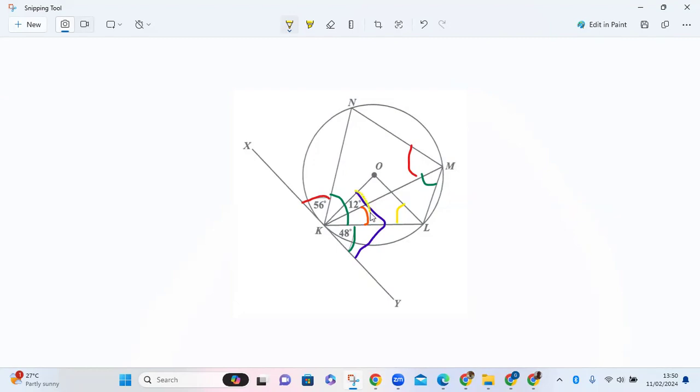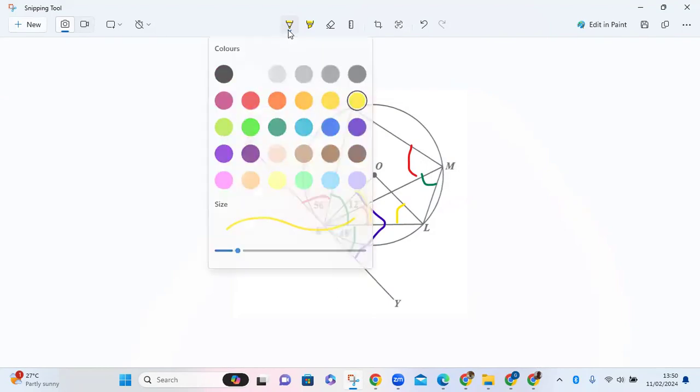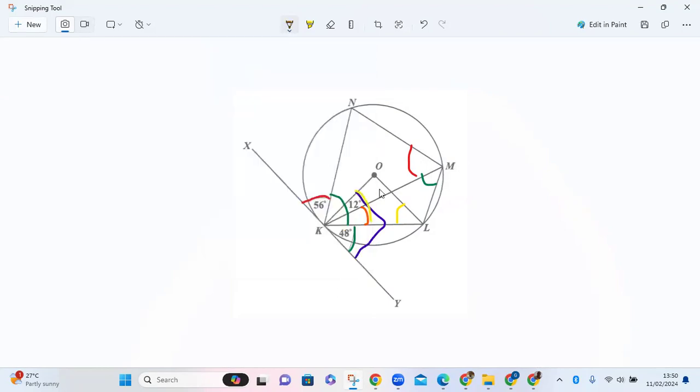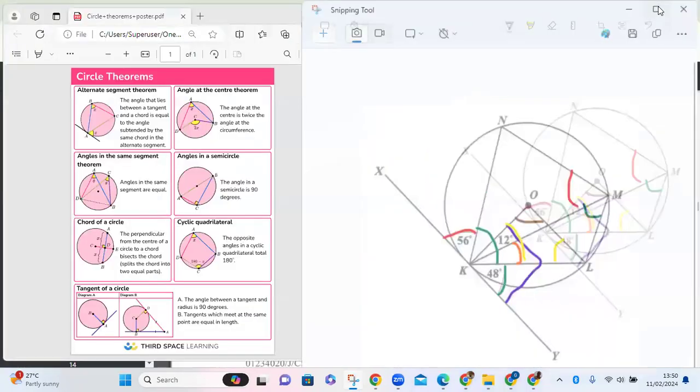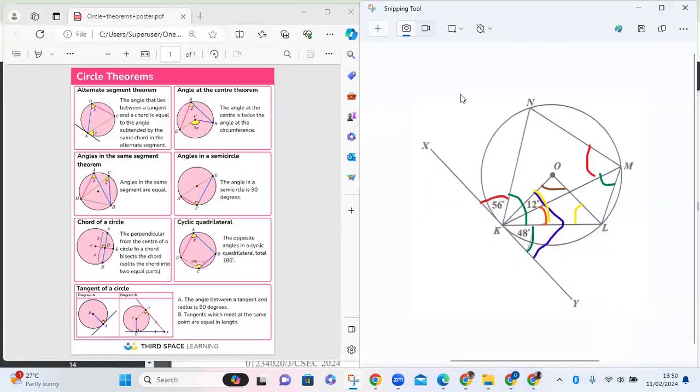So all this we can apply here. And also we can get this angle by adding those two angles, OKL and OLK, and subtracting from 180, we can get LOK. So having analyzed that, let's go to the question.